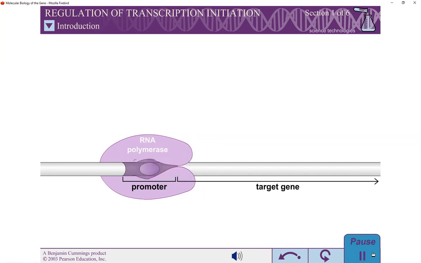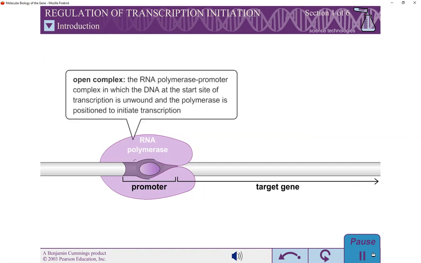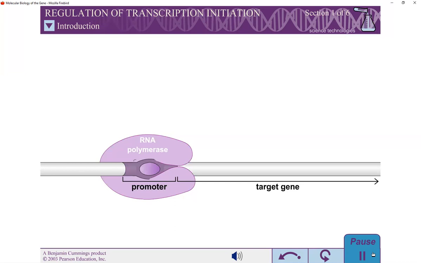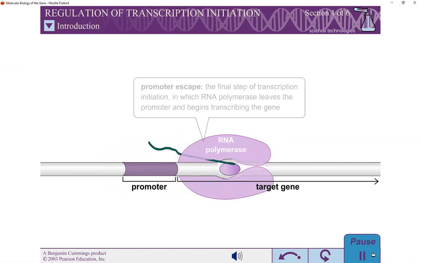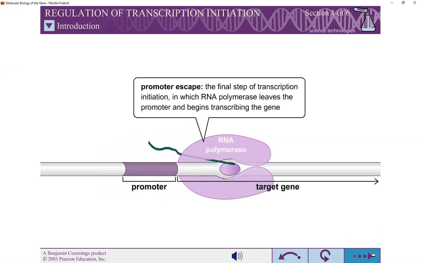RNA polymerase then causes the DNA at the start site of transcription to unwind. The complex in which the DNA is unwound is called an open complex. In the final step of transcription initiation, RNA polymerase leaves the promoter and begins transcribing the gene. This step is called promoter escape.